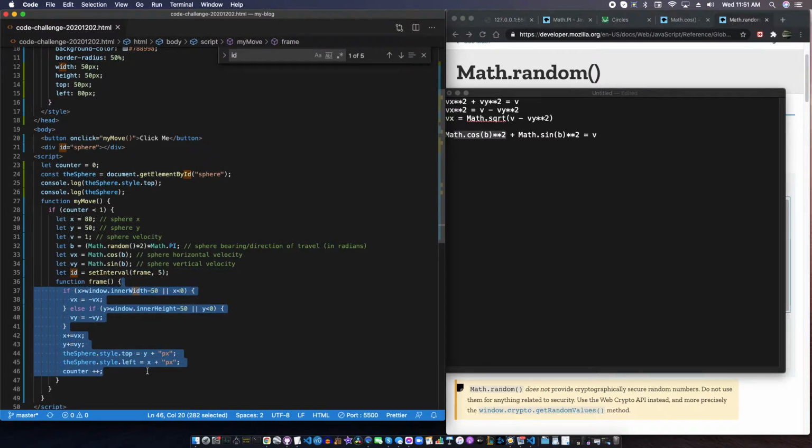This function is, as long as x is within the leftmost boundary, you want it to stay within the right boundary, and x is the top right corner of the rounded square that is my sphere.